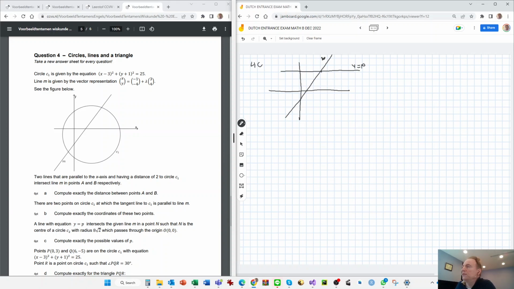And then this is point N. And point N is the center of a circle C2 with radius 8 with this radius which passes through the origin. So there's this circle C2 somewhere here. But it means that the distance of N to the origin is 8 times the square root of 2.